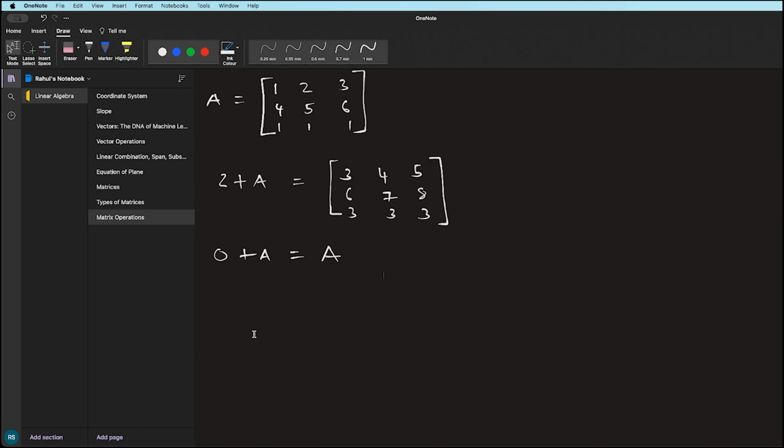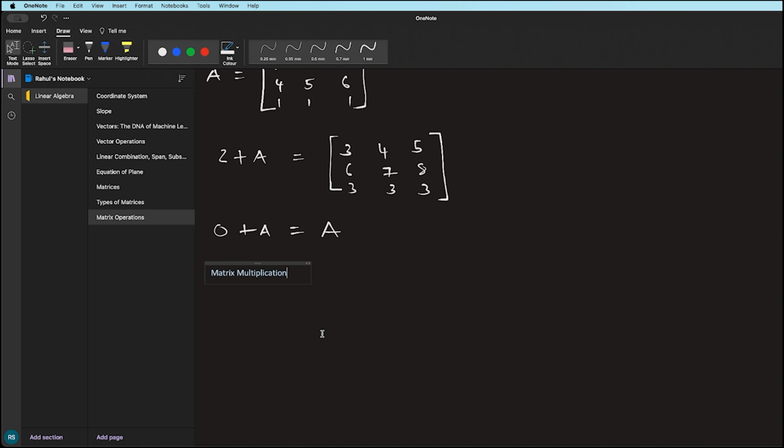Now coming to matrix multiplication. Let me draw two matrices here. A containing the elements A11, A12, then A21, A22.